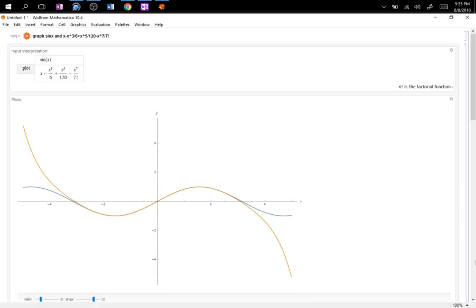You can't tell them apart. From negative pi to positive pi, you can't tell them apart, right? And that's just using 4 terms. If you want the exact match, one on top of the other forever, you have to use all infinity of terms. So good luck with that. But it's pretty good, you know?